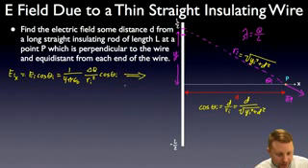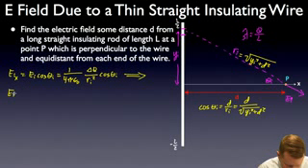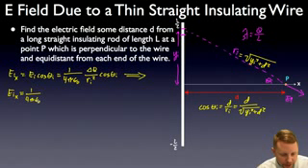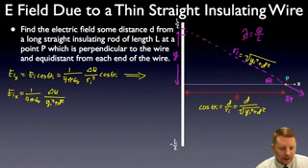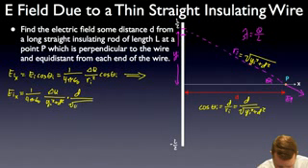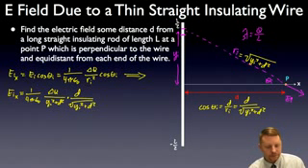So this then implies that Ei in the x direction is going to be 1 over 4 pi epsilon naught delta Q over Ri squared, which is yi squared plus d squared, times our cosine theta i, d over the square root of yi squared plus d squared.